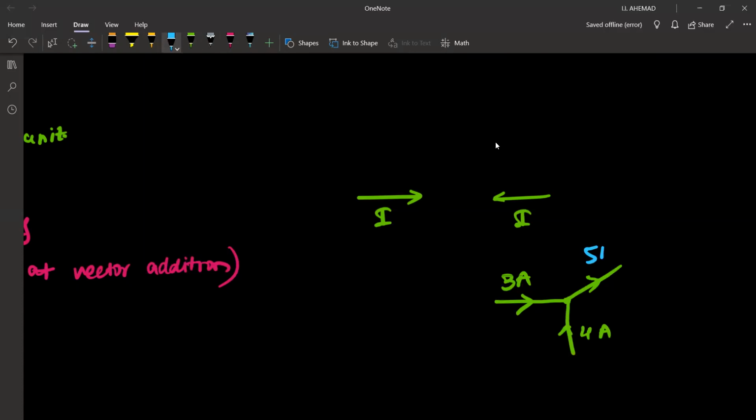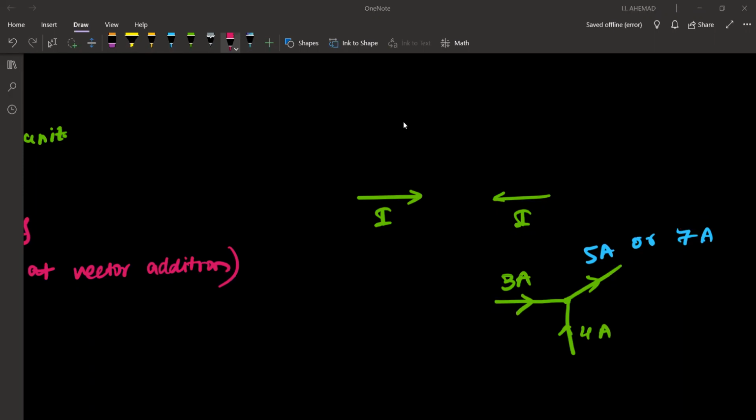Is it 5 or 9? Sorry, 7. It is 7, right? Because you have to just add these currents together.